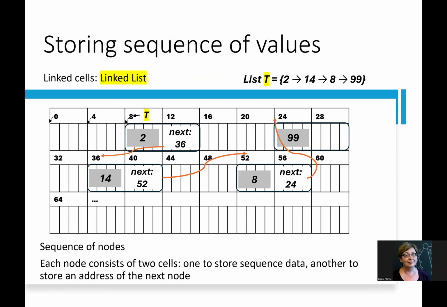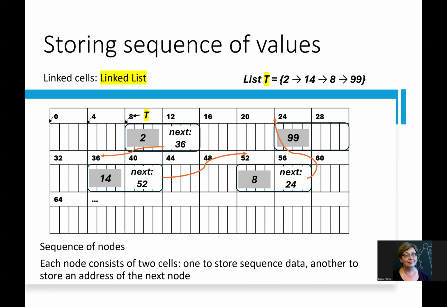Alternatively, we could store a sequence of values in a different data arrangement, which is called a linked list. In this case, each value is stored together with something which is called the address of the next element.